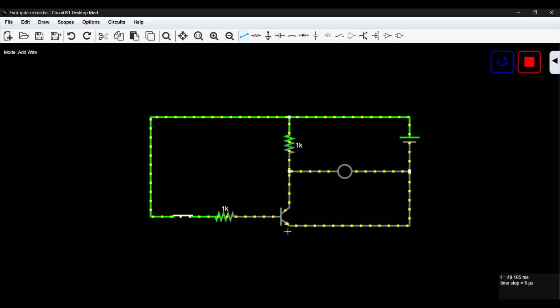Yeah, and we can see that now the current does not flow. The circuit is closed. Now the LED does not light up. And if I open the circuit, the LED lights up. So this is an inverter kind of circuit.